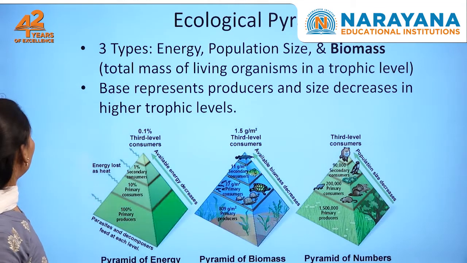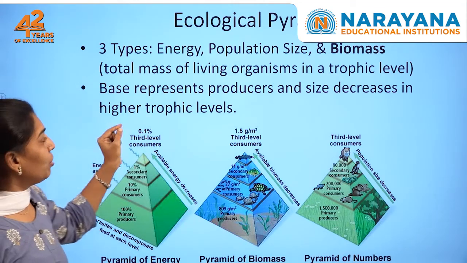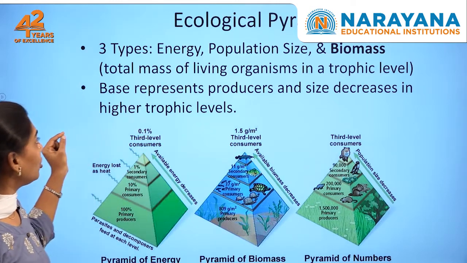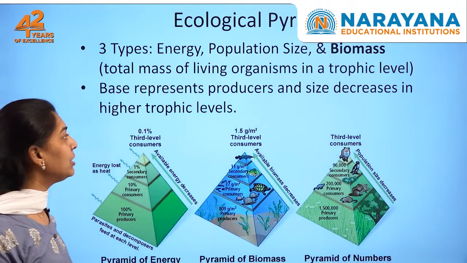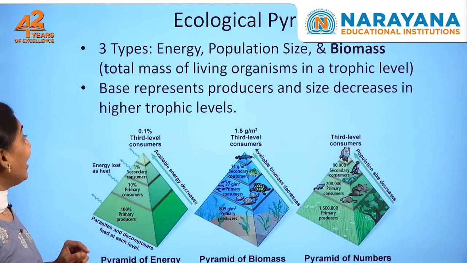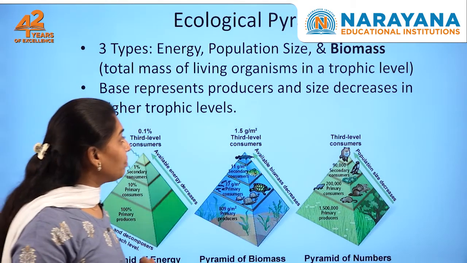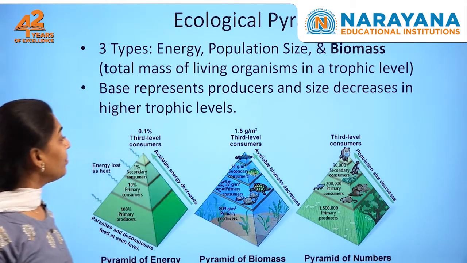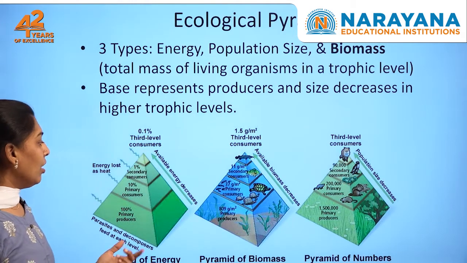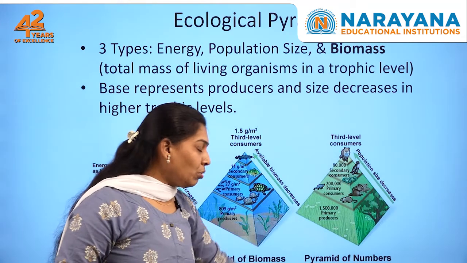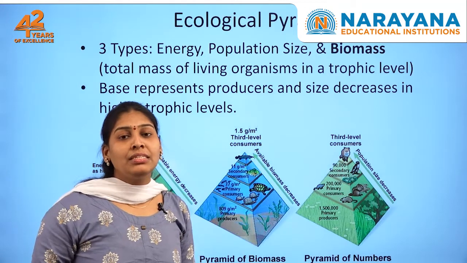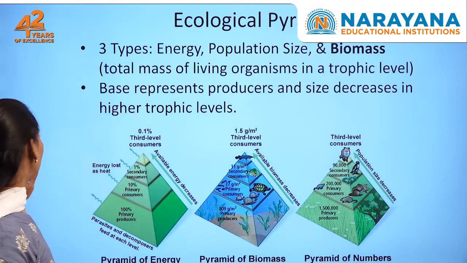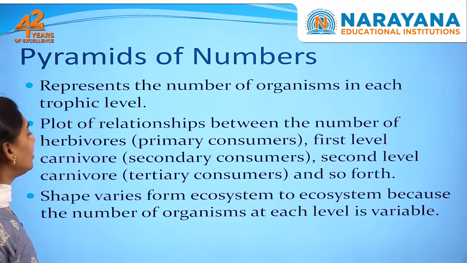These three types represent energy, population size and biomass, the total mass of the living organisms in a trophic level. The base represents the producers and size decreases at higher trophic levels. The base represents the producers itself, not having any organism other than the producers.